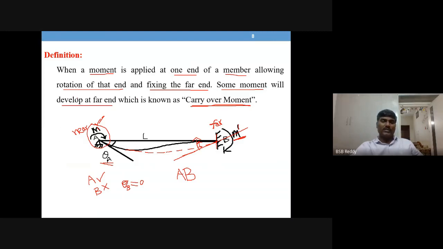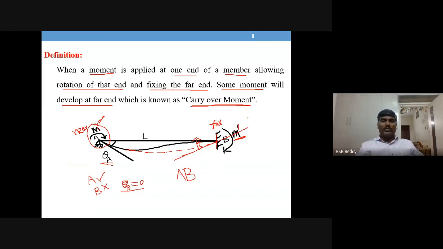This is the reaction. Why does that moment develop? To make theta be 0. To make theta 0, you need this. So some moment will develop at the far end. That is called as carryover moment.